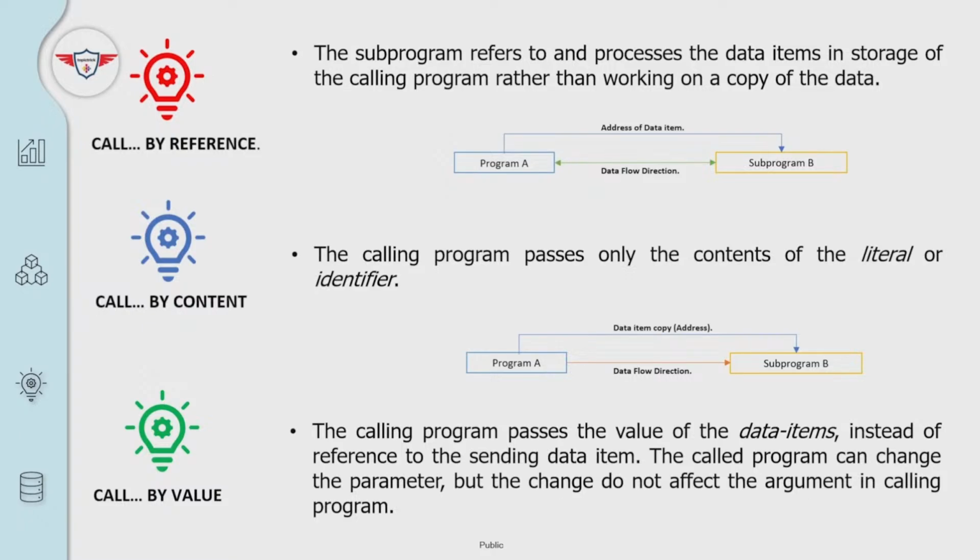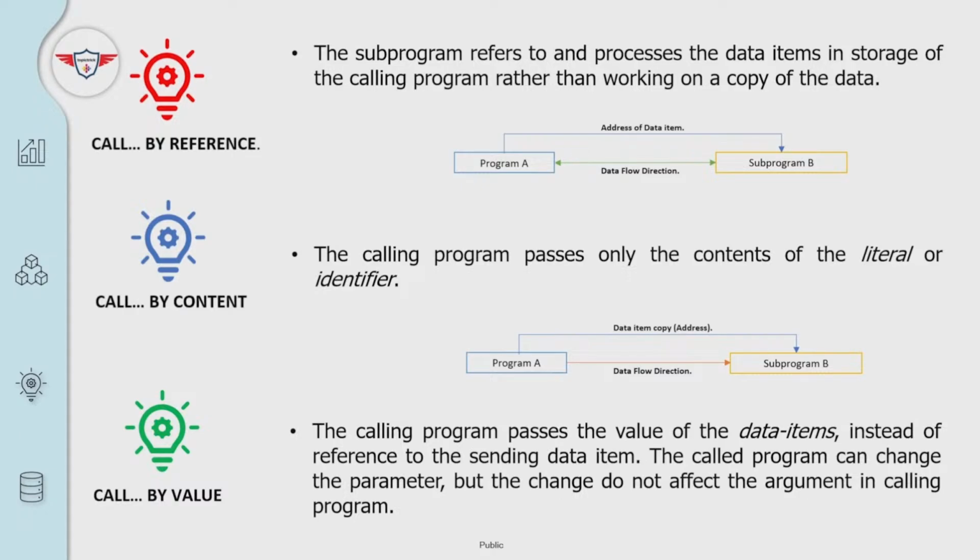But when the data is passed by content, a copy of the data item is created and the address of the copy is supplied to the subprogram, and any change made to the data item in the subprogram will only affect the copy of the data item. If you look at the flow diagram, program A is calling program B and passing the data.